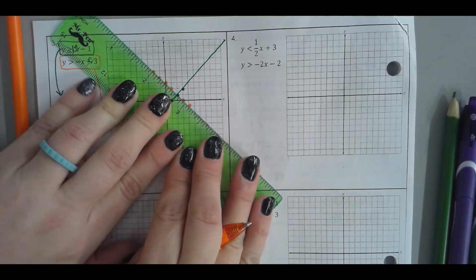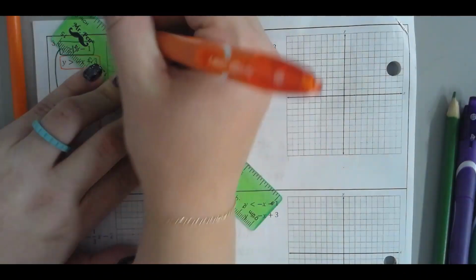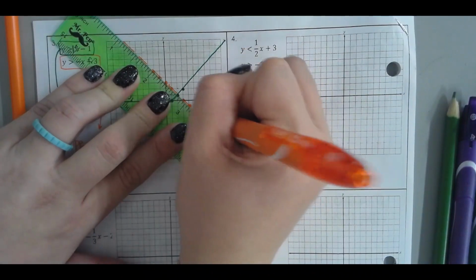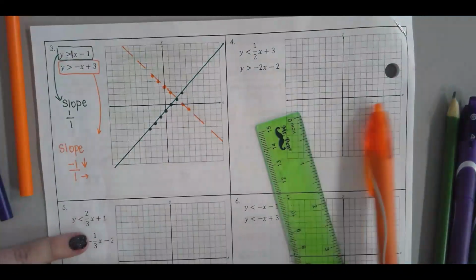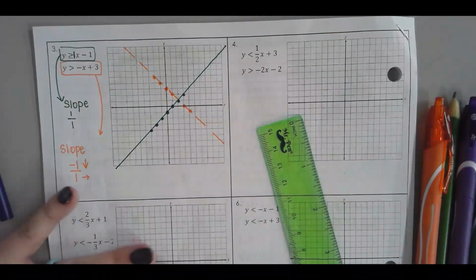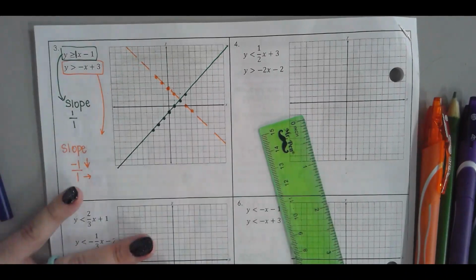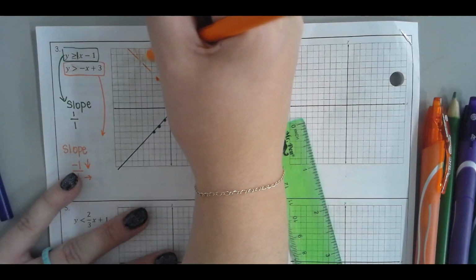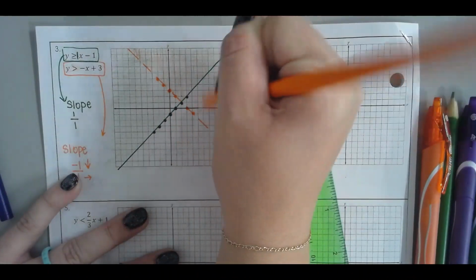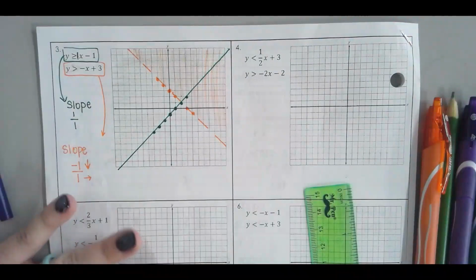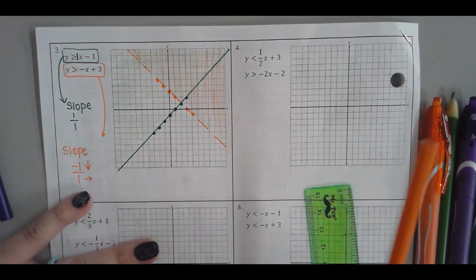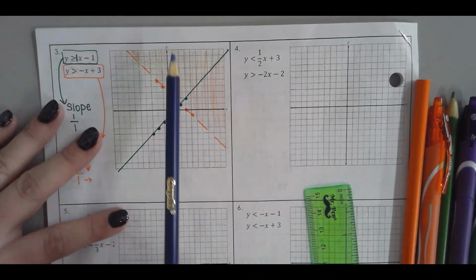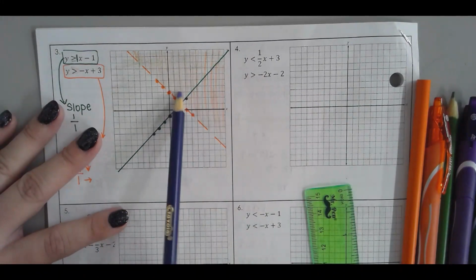Dashed or solid line? Dashed. Shaded above or below? This symbol right here is a greater than symbol, so it's shaded above. And if done correctly, the area where it overlaps is this top area.